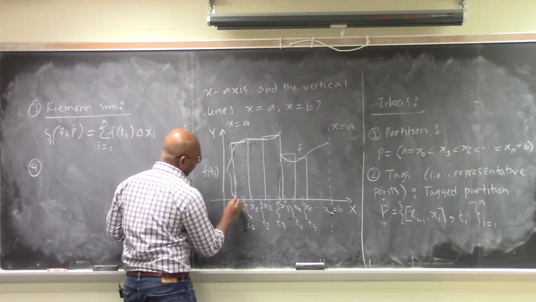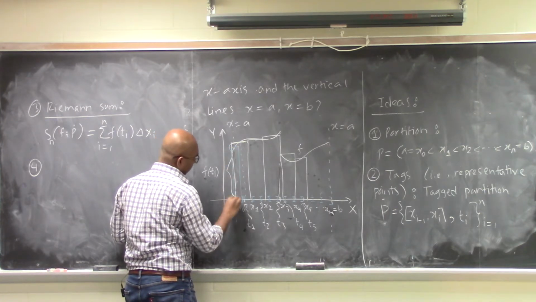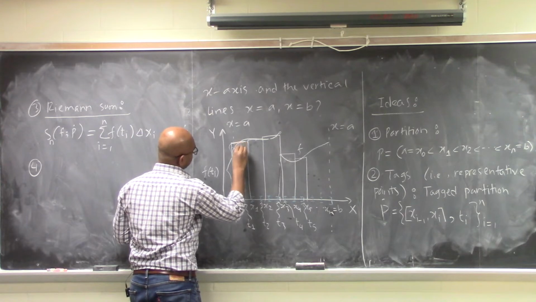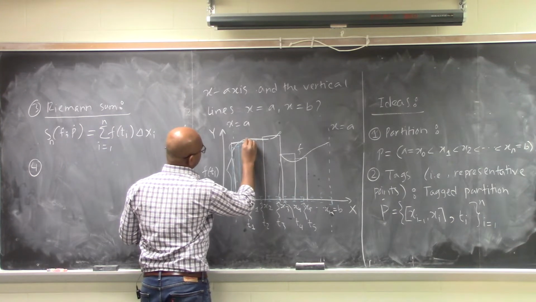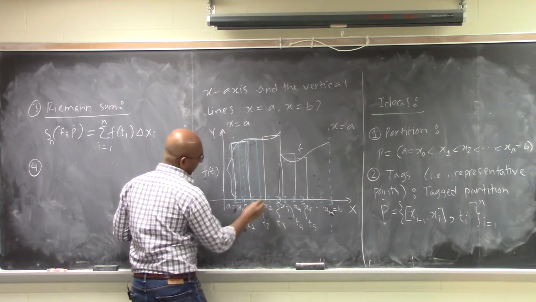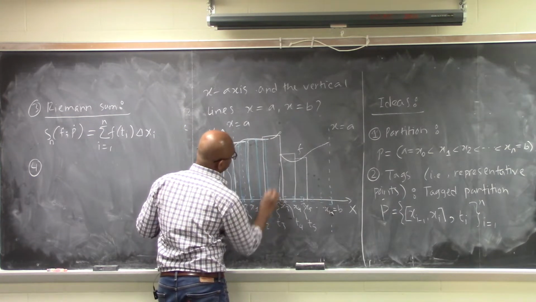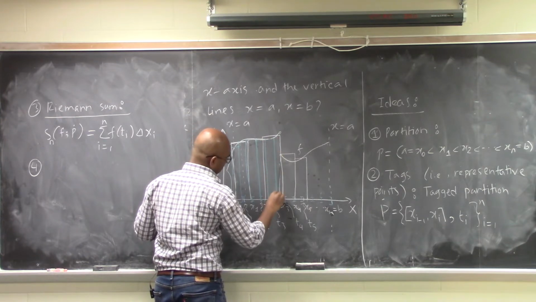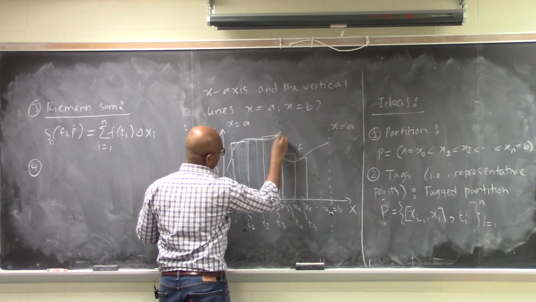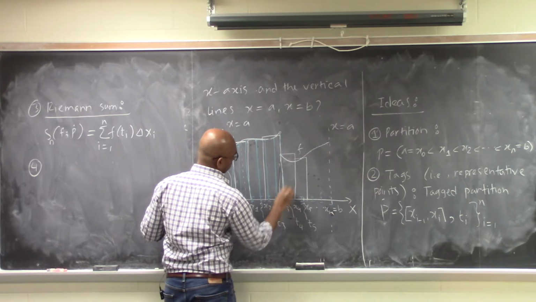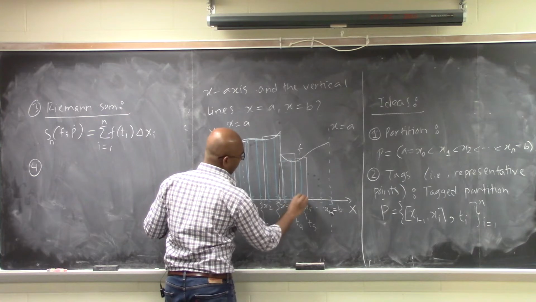And then if I fit rectangles there, let's say we choose this point, then we get this rectangle, and for this one we choose that one, then we get that rectangle. From there, let's say we choose this, so we get this one, and from here this is my choice, so that one, and so on and so on.